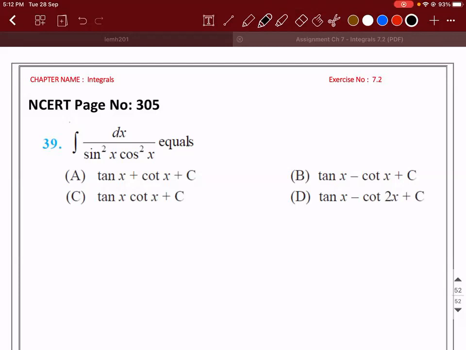Any idea, guys? Did we take one of sine square x or cos square x as t, sir? Always you can take one trigonometric function, especially when it is a combination of sine and cos. You can take either of them as t had they been in the numerator, but here they're in the denominator. So how do we handle it?